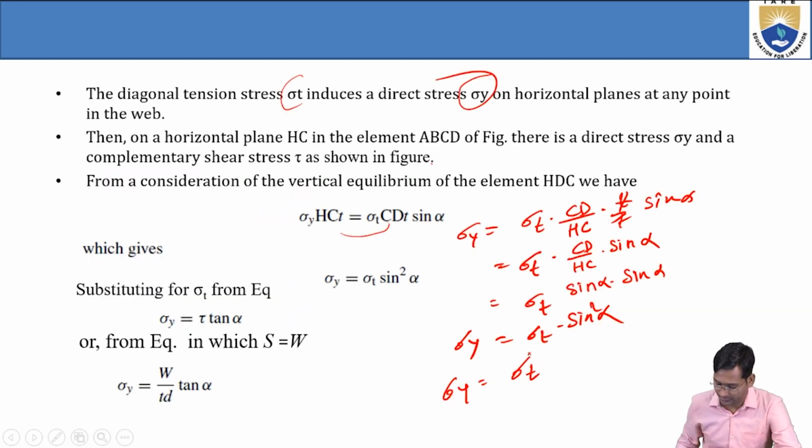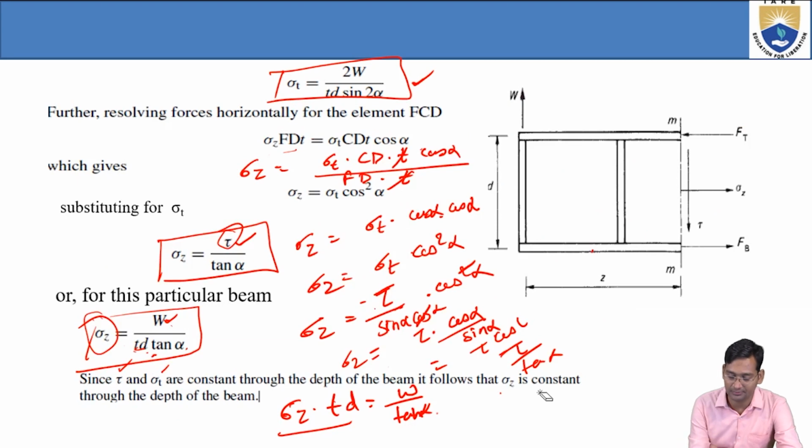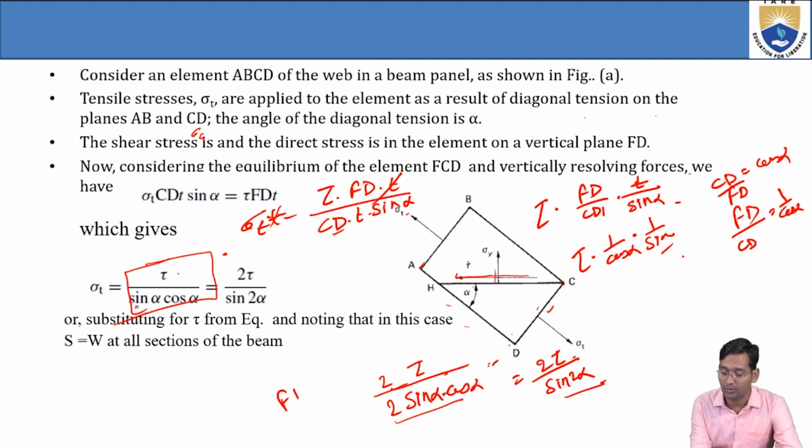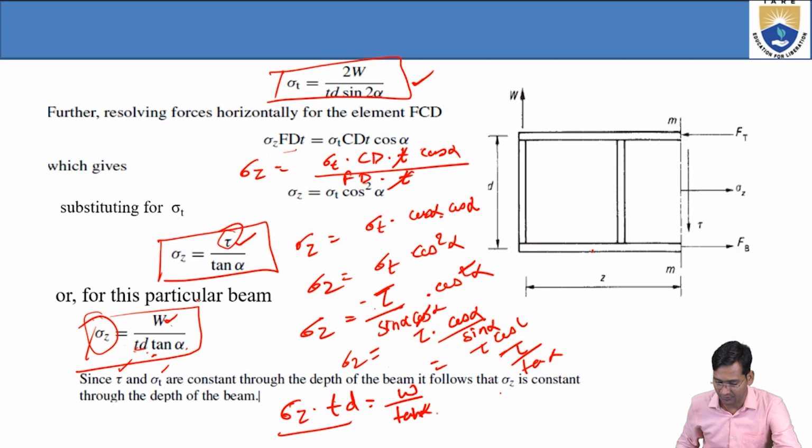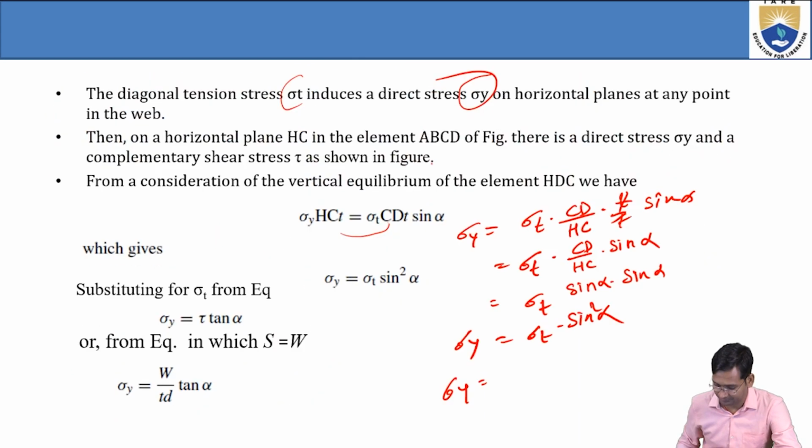Sigma T only we have to replace from here. So what we got, that sigma T as tau by sine alpha cos alpha. So substitute sigma T as tau by sine alpha cos alpha into sine square alpha.